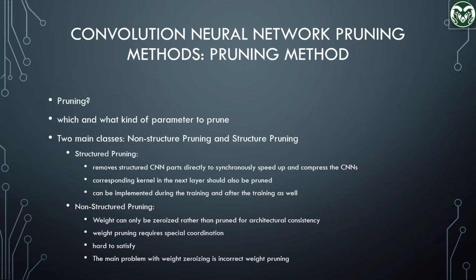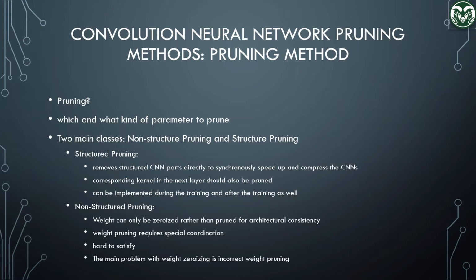Structured pruning removes the structured CNN parts directly from the CNN, and as a result it compresses the CNN. At the same time, it increases the speed of the CNN, and the corresponding kernels in the next layer of the CNN should also be pruned.